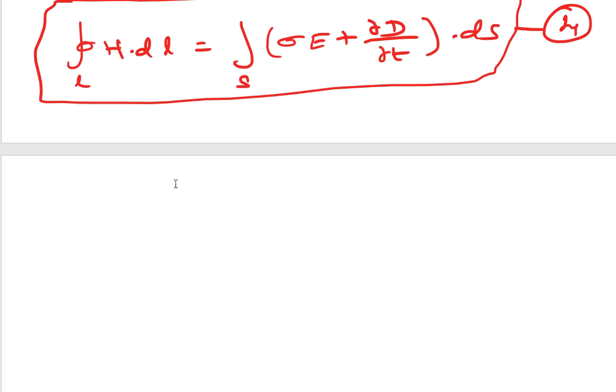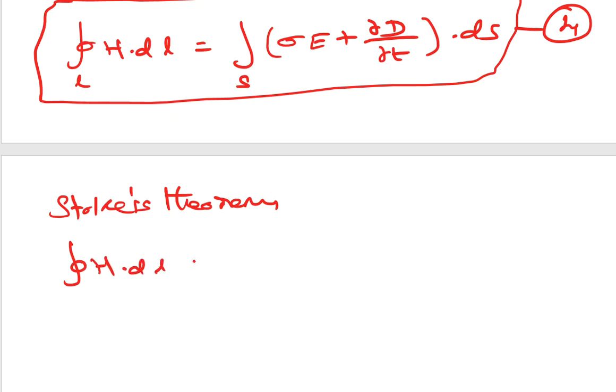Now, a very simple thing, we have to convert this into differential form. On the left hand side we have a line integral, on the right hand side a surface integral. So, applying Stokes' theorem, you can convert the left hand side into a surface integral: the line integral H dl will become a surface integral of del cross H over a surface. Substitute this in the left hand side.